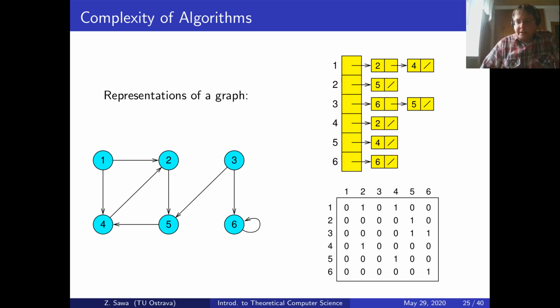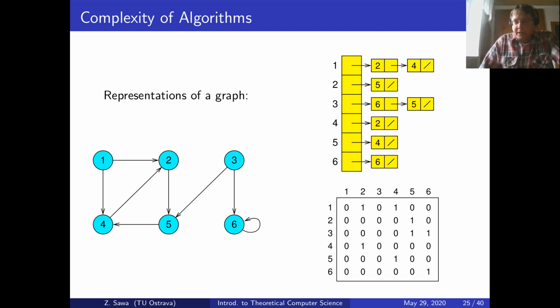So the time is linear with respect to the number of nodes, even if the number of edges were very small.